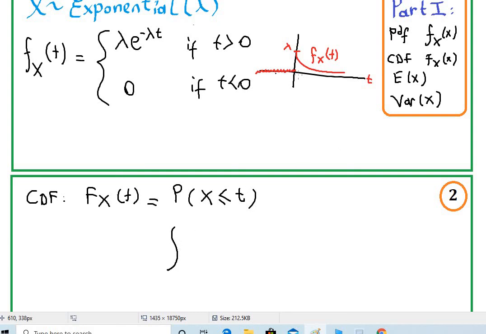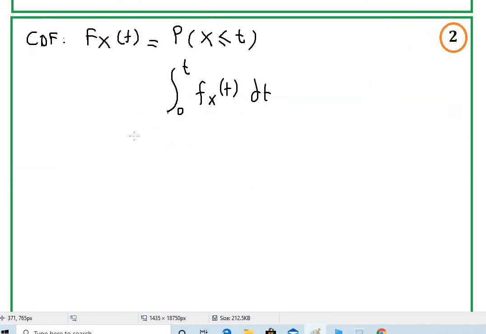Up to 0 we have no contribution to the area under the curve, so we are going to start from 0 to t for the exponential random variable specifically. So the integral of f_X of t dt, where we know our probability density function is lambda e to the negative lambda t.